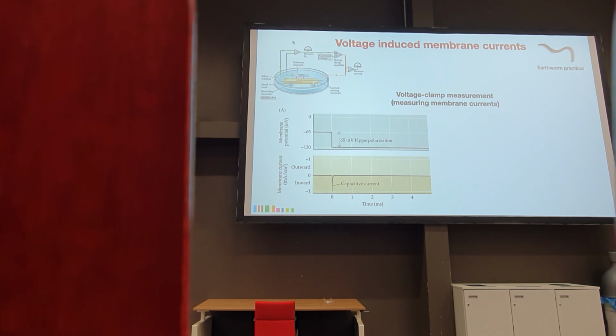And in this case actually it's a very simple response in a way. So when you make the step, you have this peak, this is a capacitive current, but then not much happens.